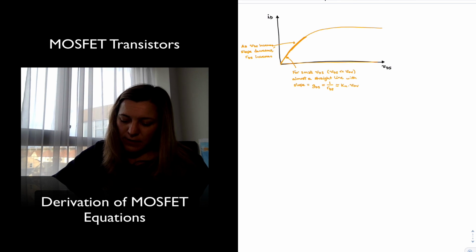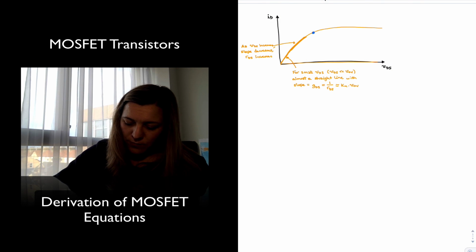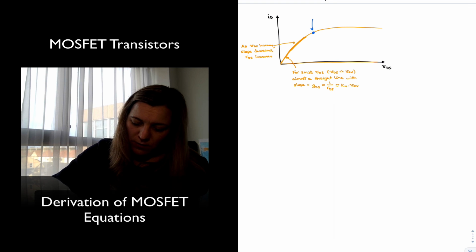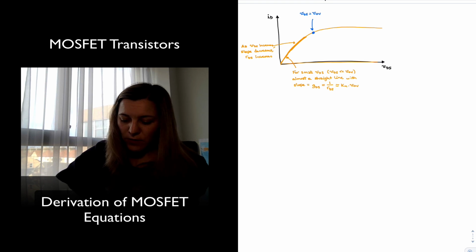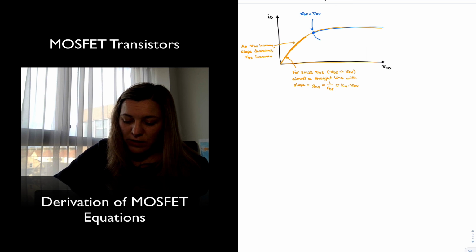And then basically at some point, which is when VDS is equal to the overdrive voltage, then I enter my saturation region. And my current will remain relatively constant afterwards for further increases in VDS.